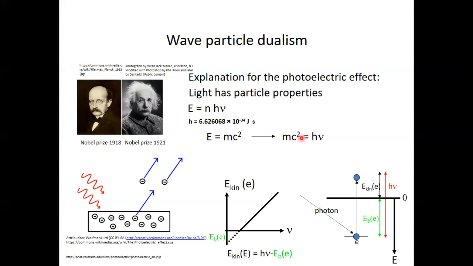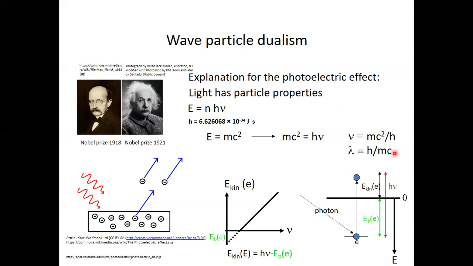Because of that, one could set these two equations equal so that mc squared would be equal to h times nu. Then the only remaining task is to solve the equation for nu, which would be mc squared over h. One could substitute the frequency by lambda, and then the wavelength of the electromagnetic radiation would be h over mc.